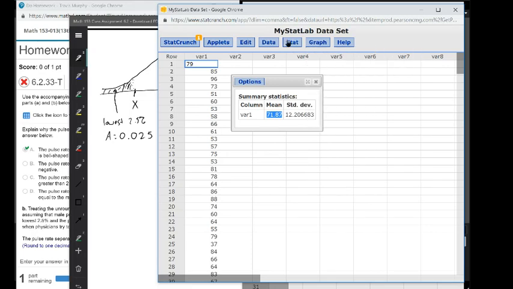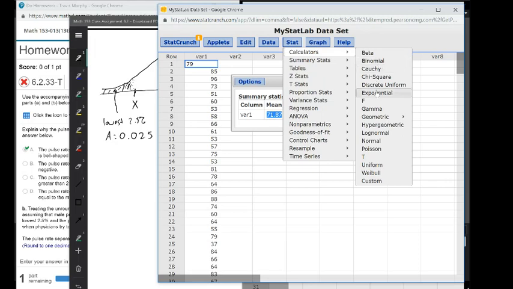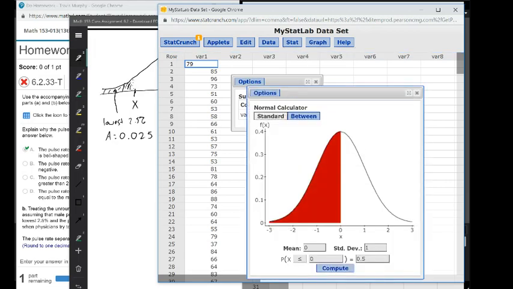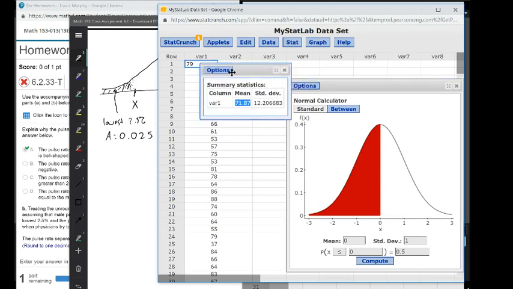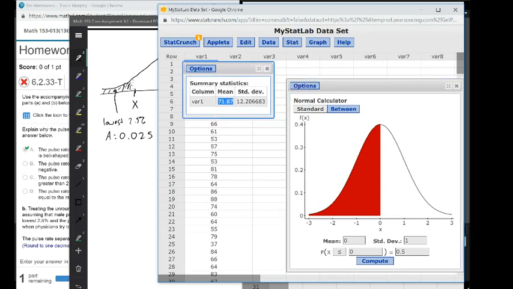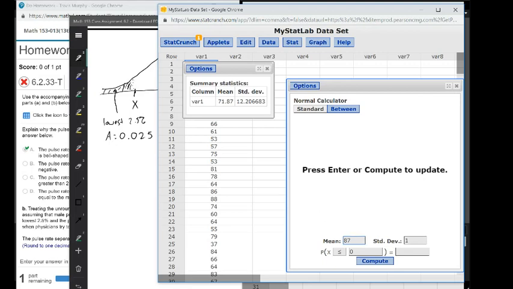Go to Stat, Calculators, Normal. And then we can just highlight the mean, Control C to copy it. Highlight the mean here on the normal calculator, Control V to paste it. Oh, it looks like I didn't copy it somehow. There it goes. And the standard deviation, highlight, Control C to copy, highlight, Control V.